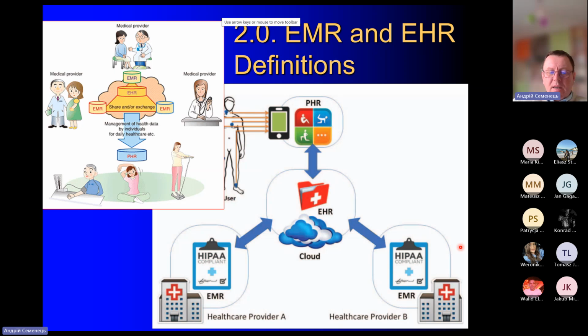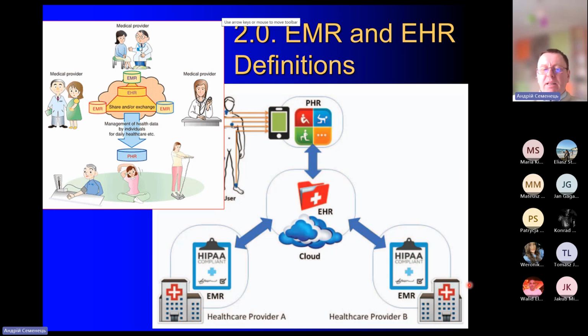Of course, in our case, I put emphasis on the United States, and here we have HIPAA compliance requirements. It's related to the United States healthcare system. But again, if a country has its own EHR solution, it will have some analog of HIPAA requirements for information systems.